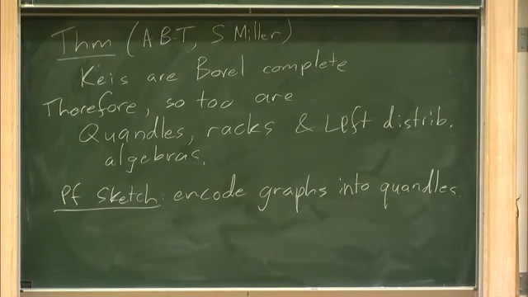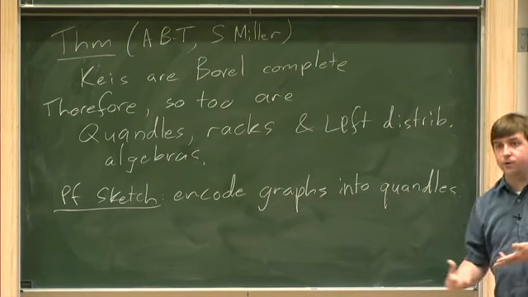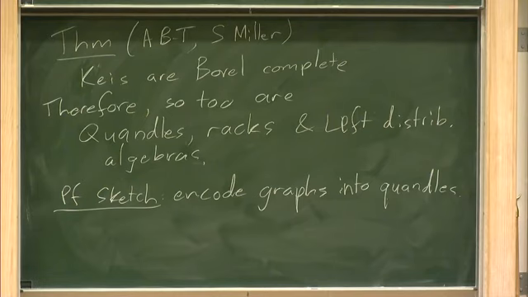So we have a way of taking any graph and constructing a quandle, in particular constructing a K from it, and then because graphs are Borel complete, so are Ks, and so are quandles and racks and left distributive algebras.